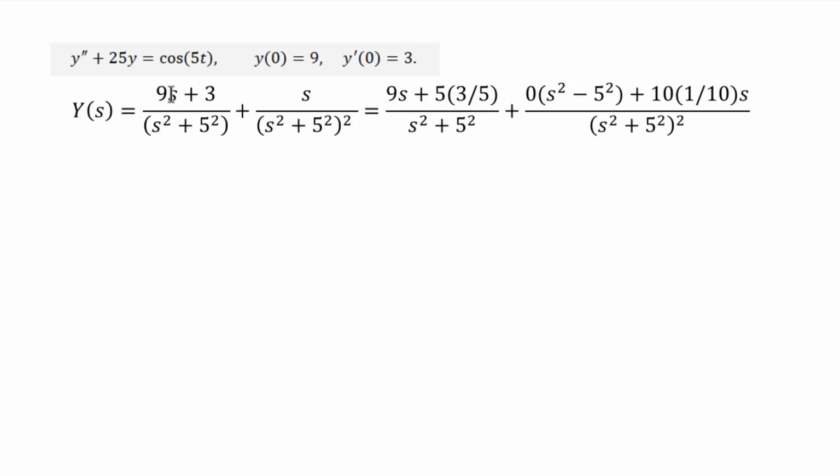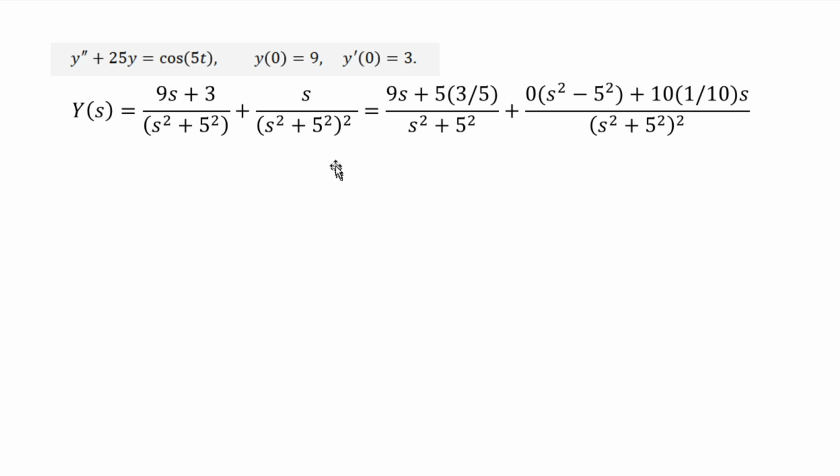See, 9s, same thing, right? 3 is 5 times 3/5 if you cancel the 5s, right? And then s is just 10 times 1/10 times s. So if you knew what you were looking for, then you could see that this is already in the form of partial fraction expansion.